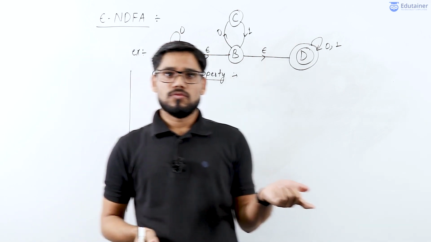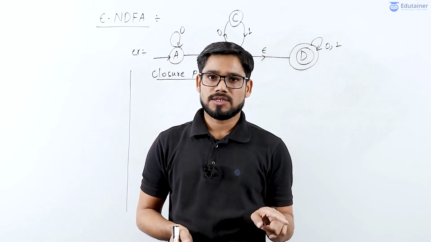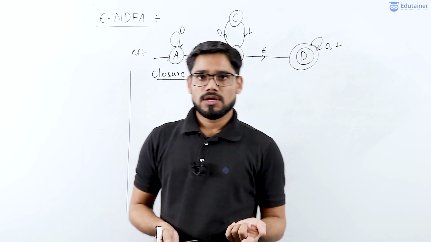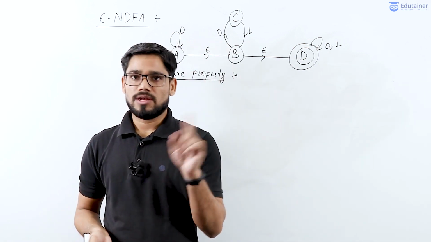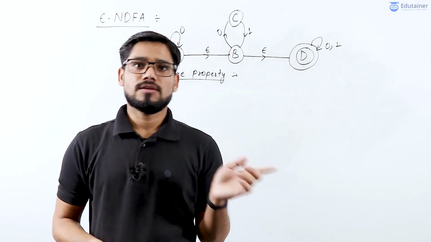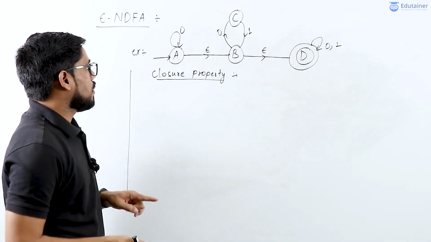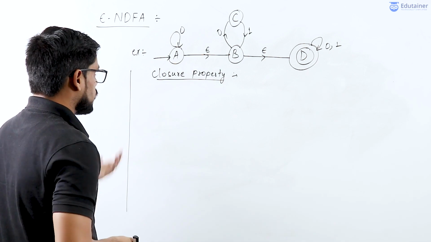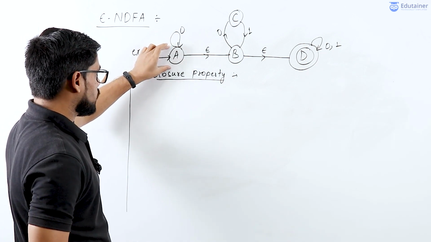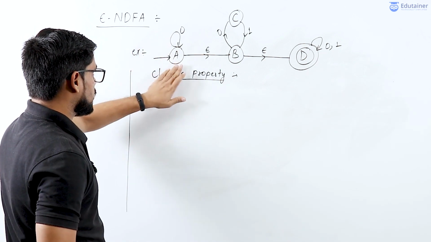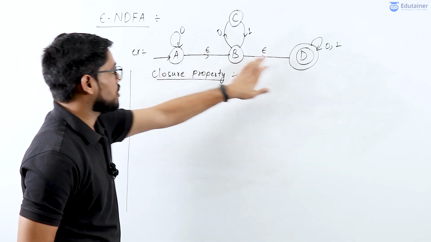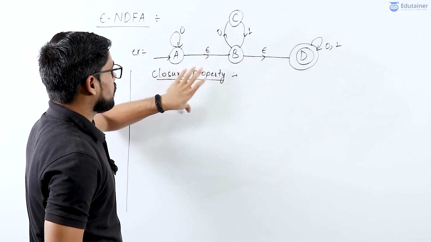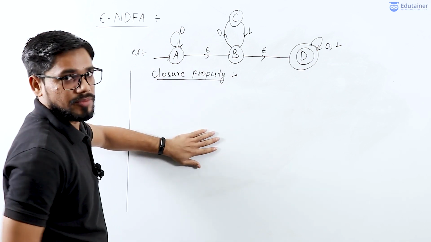All the states which reach a final state with the help of epsilon moves now become final states in the NDFA. The third point is that the initial state is also the same. The number of states is the same, but the states which take epsilon moves to reach a final state will now become final states in the NDFA transition diagram.